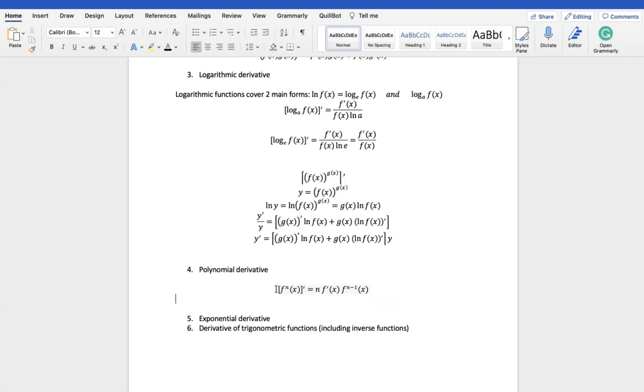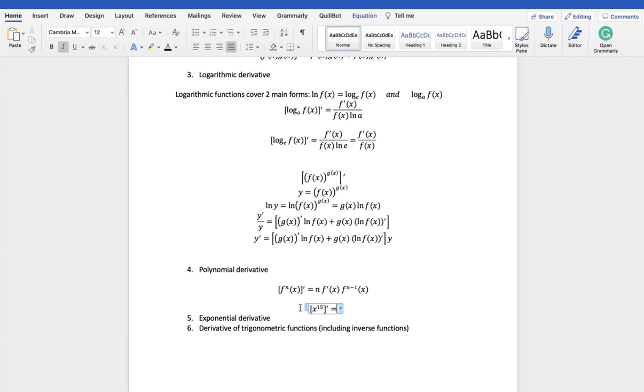Now, this can be applied to any function f of x. So, for example, let's say you had the case where you have the derivative of some function f of x equal to, let's say, x to the 15, for example, right?